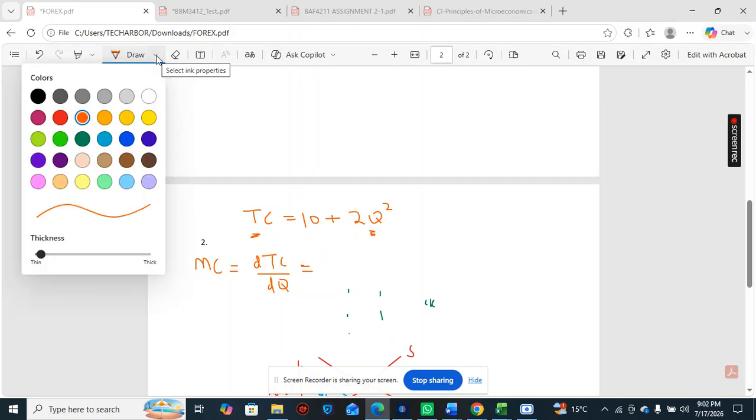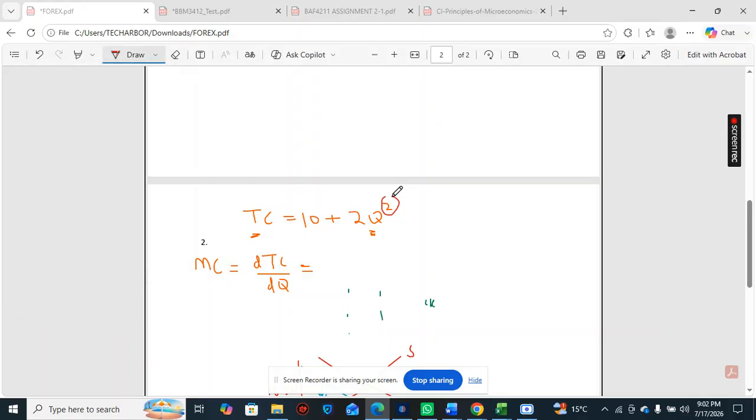Remember, with differentiation, multiply the exponent, the power, with the number in front of the letter. So 2 times 2, that is 4. Then subtract a 1 from the exponent. So we have 4q to the power 2 minus 1, 1. So our marginal cost is 4q.